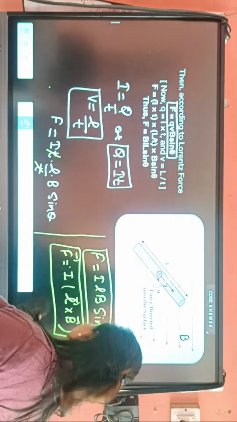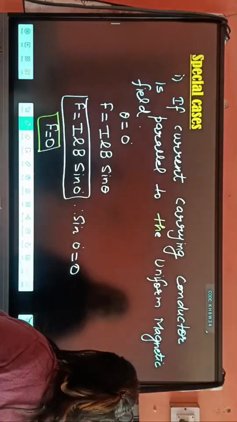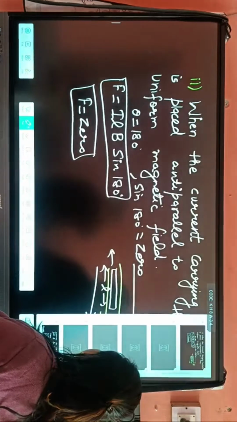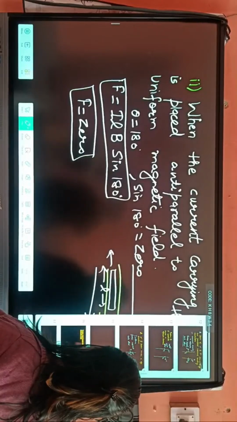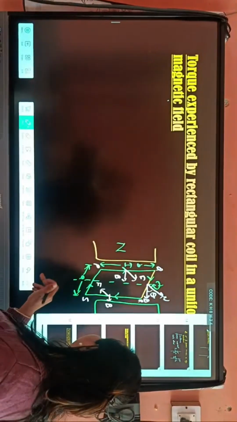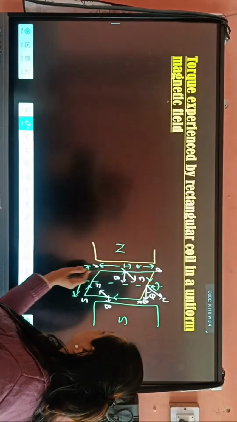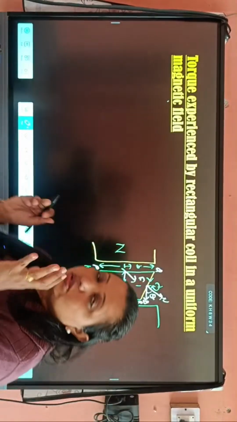Okay? In this, we have four conductors: 1, 2, 3, and 4. So this is a rectangular coil.